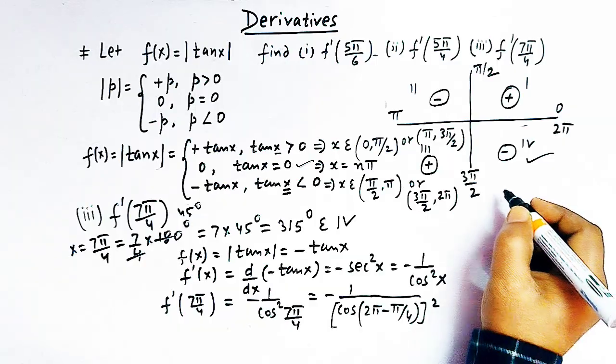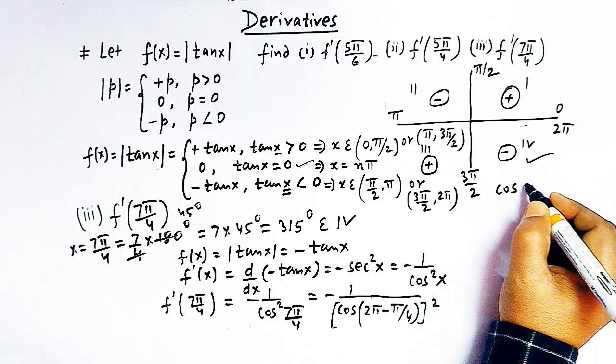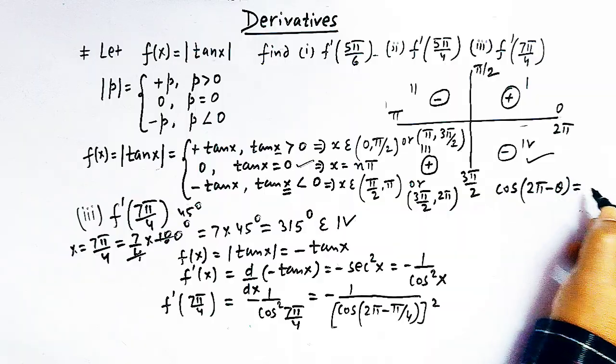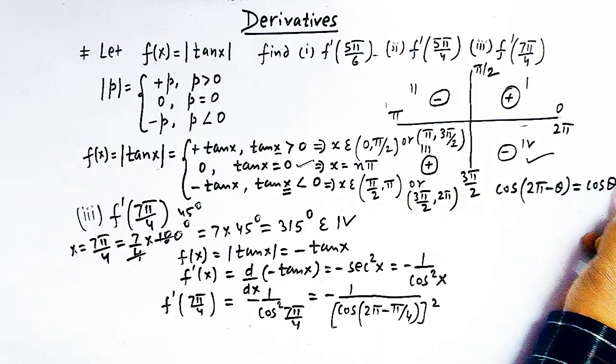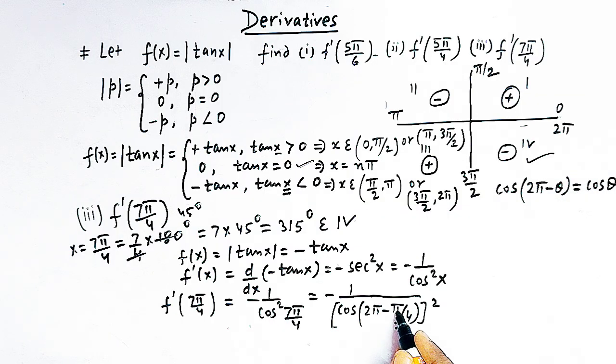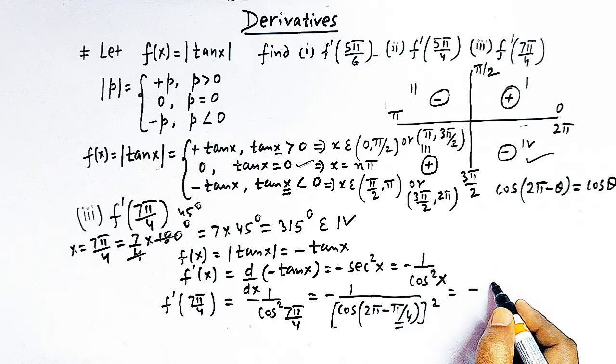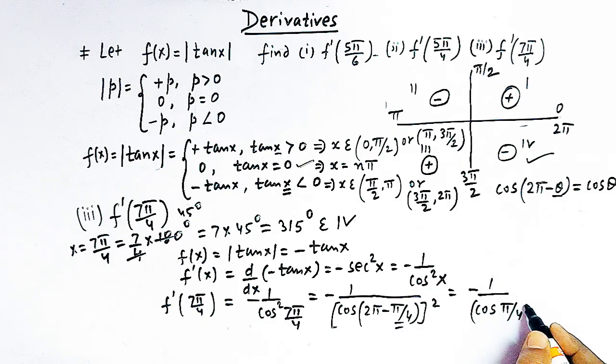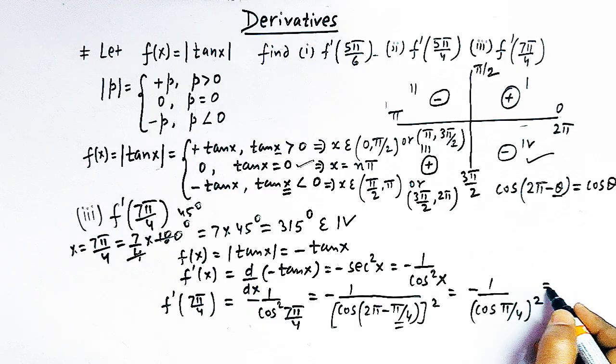So again from trigonometry we can write cosine 2 pi minus theta is equal to cosine theta, and here the value of theta is pi over 4. So we have minus 1 over cosine pi over 4, because we have 2 pi minus theta. Theta is pi over 4, and here we have the square, right?